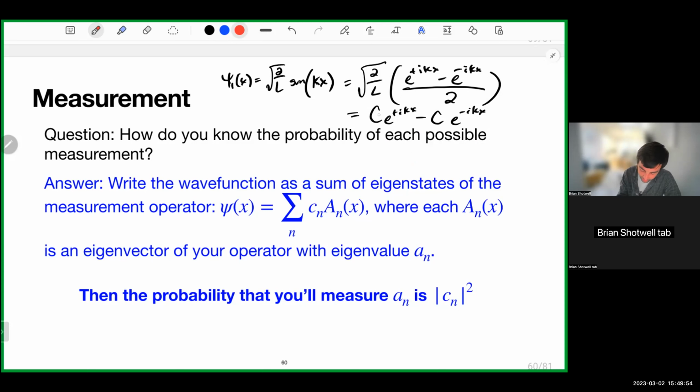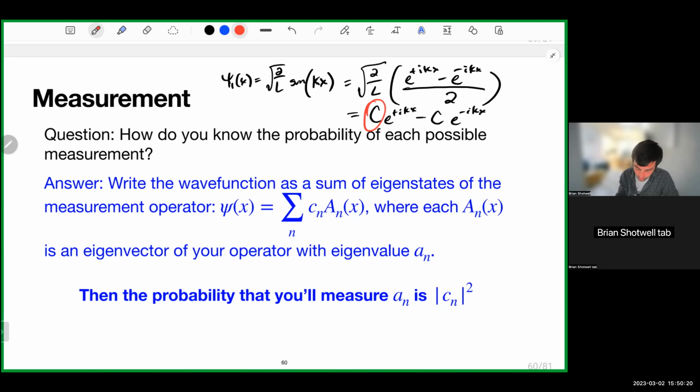The point here is that this is the coefficient that is going to tell us the probability that we would measure this result. Remember, this function corresponds to a particle moving in the plus direction with wave number k. As long as this wave function is normalized, the sum of the squares of these constants would equal 1.